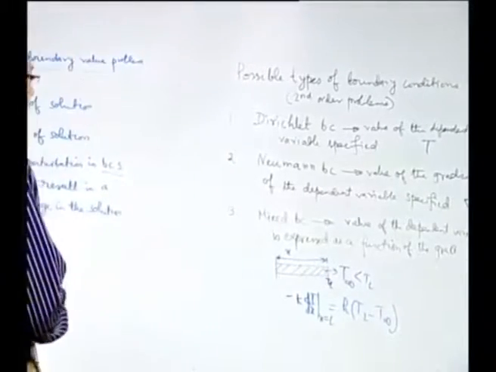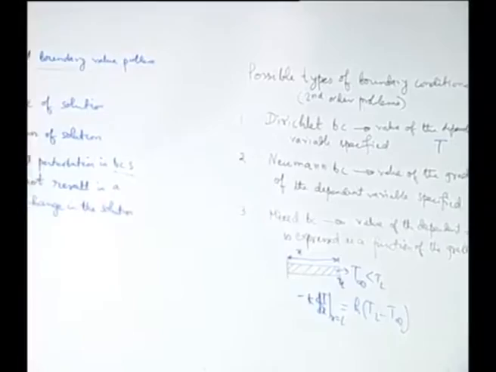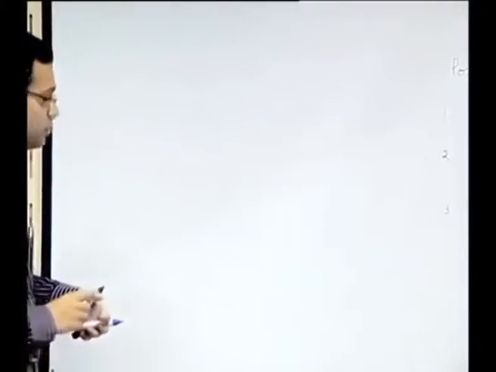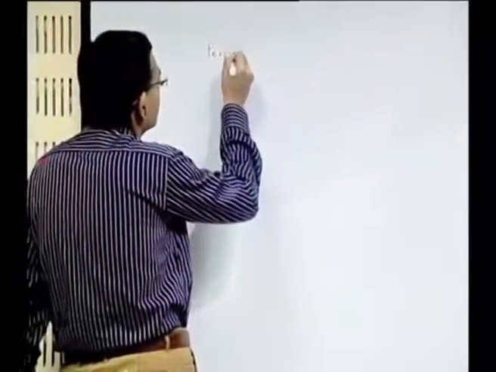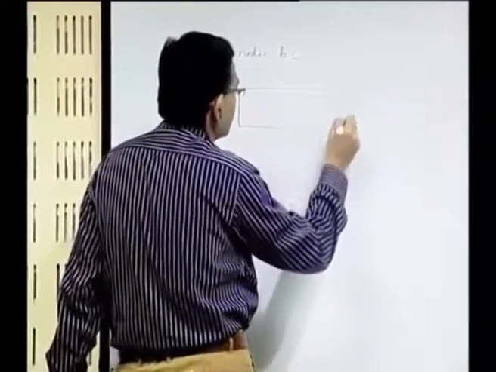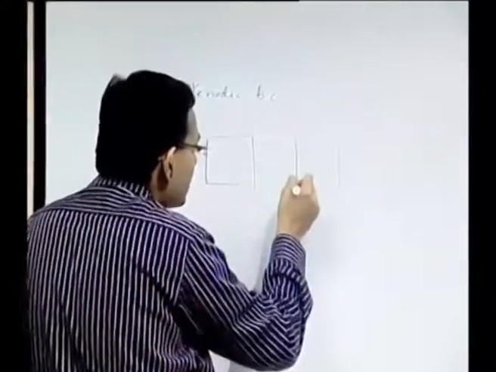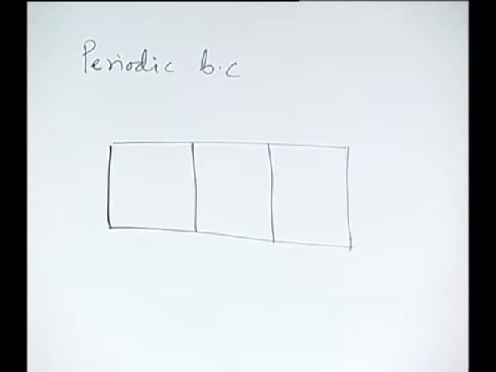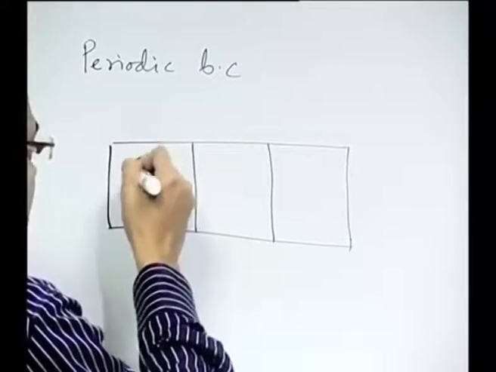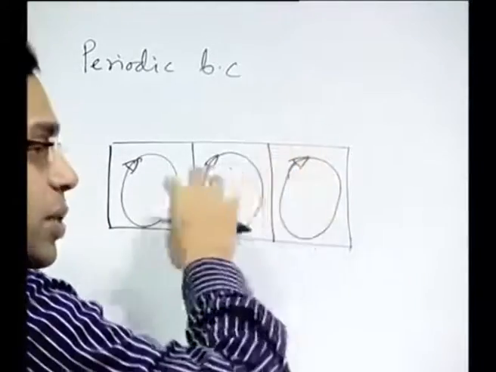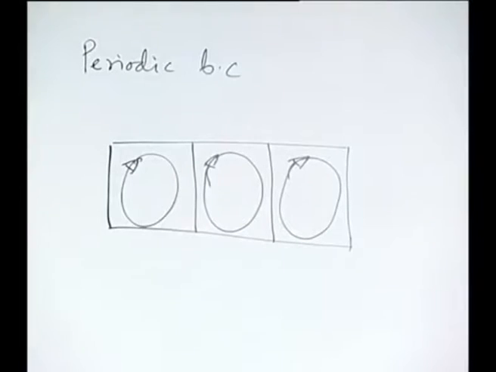There is another type of boundary condition which we commonly come across in numerical solution of equations, that is called periodic boundary condition. So if you have a domain where the physics of the problem is such that the solution is periodically repeated, let us say you have some vortices like this, again the same vortex, again the same vortex, and it is a periodic structure in the flow that is repeated.